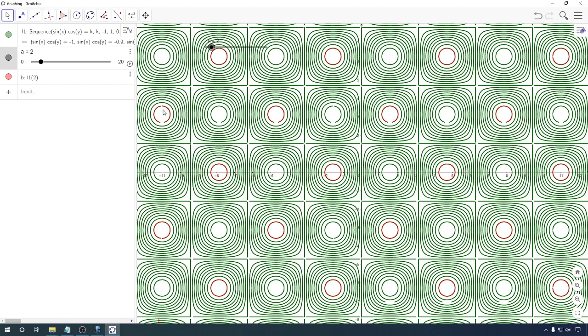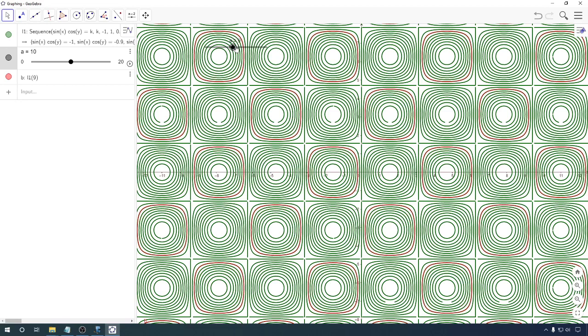I think it's actually combining the red and the green somehow. As I move my slider, it changes which one of my curves is colored in red, because it's going along that list. It's starting at negative 0.9 and it's going through bigger and bigger values. So you can see the squares that have the red in them already, those are the ones that are going down below the xy plane.